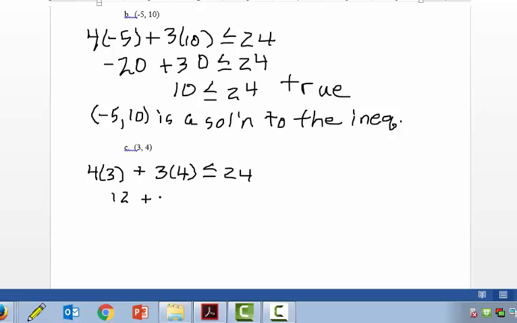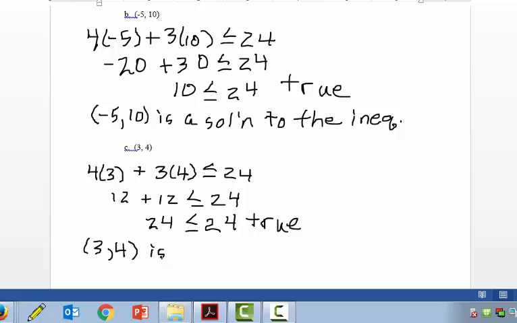So we get 12 plus 12 less than or equal to 24, so 24 less than or equal to 24. Since 24 is equal to 24, the statement 24 less than or equal to 24 is true. So the point (3, 4) is a solution to the inequality.